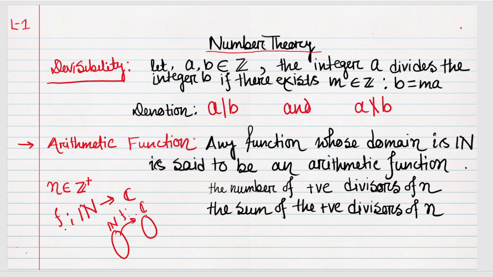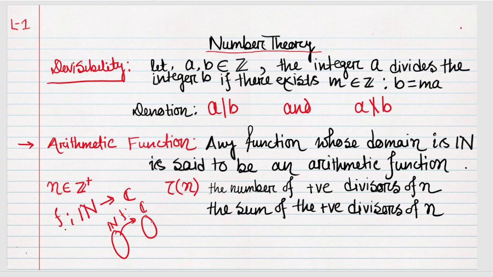Suppose that for a given positive integer n, the number of positive divisors of n is denoted as tau of n. This sign is called tau of n.